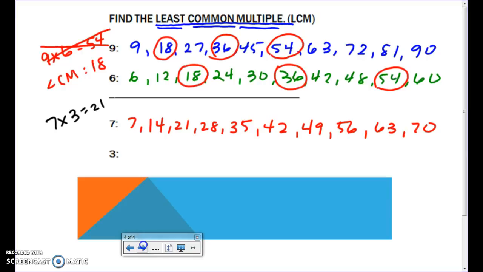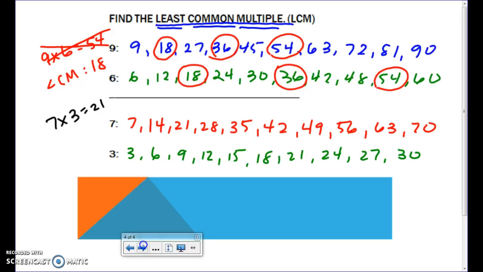And I'm going to do the same thing for 3. Now we know a little trick about 3, or maybe you don't remember: if the digits of a number add up to a multiple of 3, then that number is divisible by 3. 3 would be a factor of that number. But for now, let's just take a look.